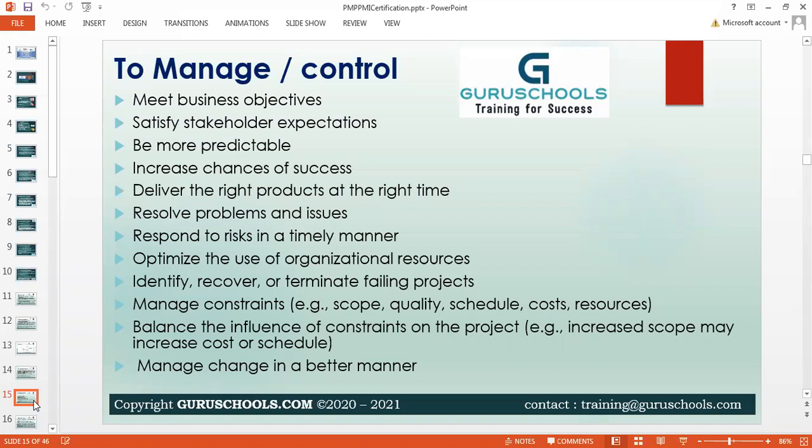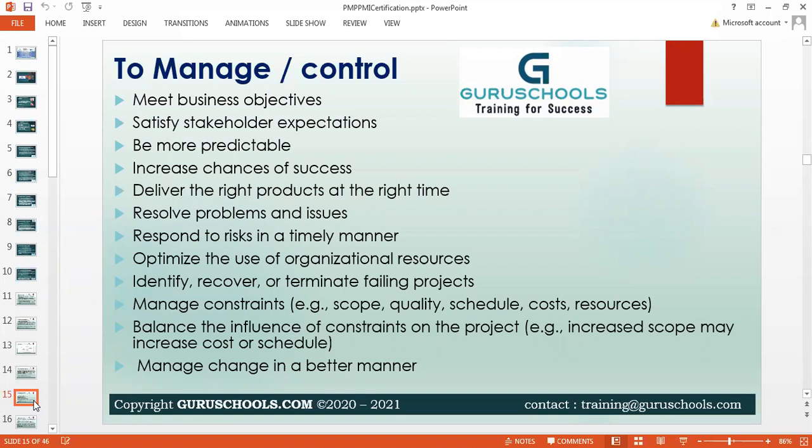Then how to optimize the use of organizational resources. That's also, have you done it good, bad, or worse? So those kinds of gradations we can attach to it. Identify, recover, or terminate failing projects so that we can reduce our losses. We'll have a look at this whenever we learn scope control and cost control in depth, how terminating a project can be profitable or can add value to the business as well.